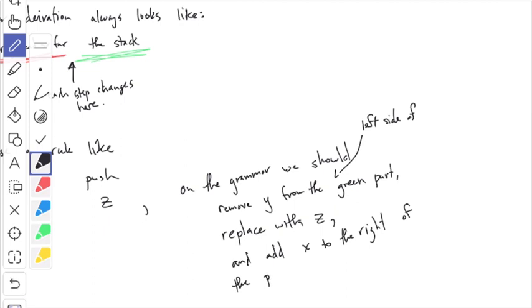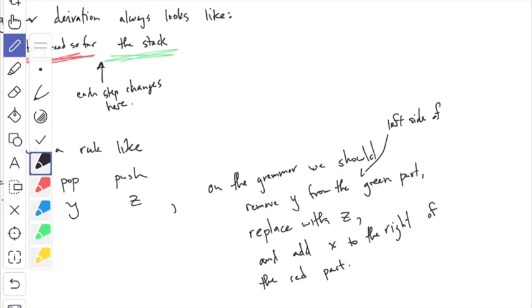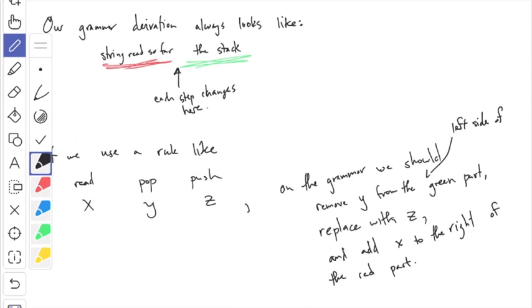Sorry, I'm off the screen here. All right. The effect is to remove a Y from the left side of the green part, replace it with a Z, and also add an X onto the right side of the red part.